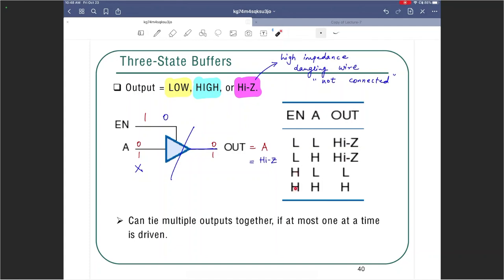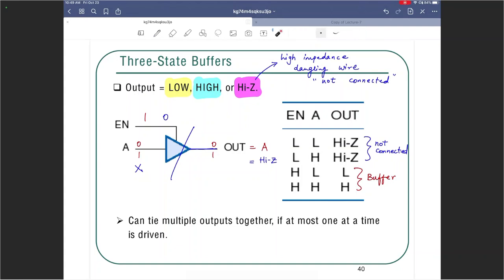When the tri-state buffer is active, enabled, then low goes to low, high goes to high, exactly like a buffer operates. So maybe we can just write this. This is like a buffer. And this is not connected. Output is not connected. So that's your tri-state buffer.